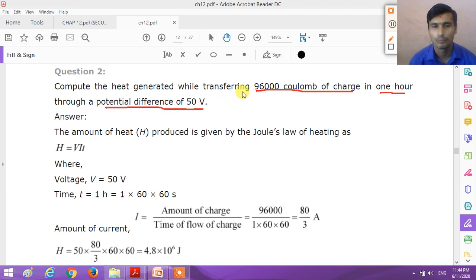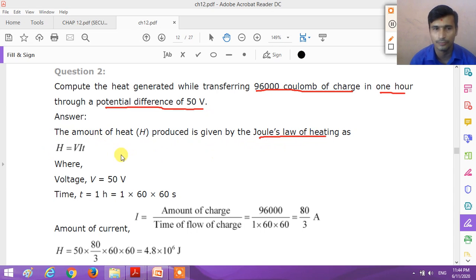The answer to this question is that the amount of heat produced is given by the equation of Joule's law of heating.